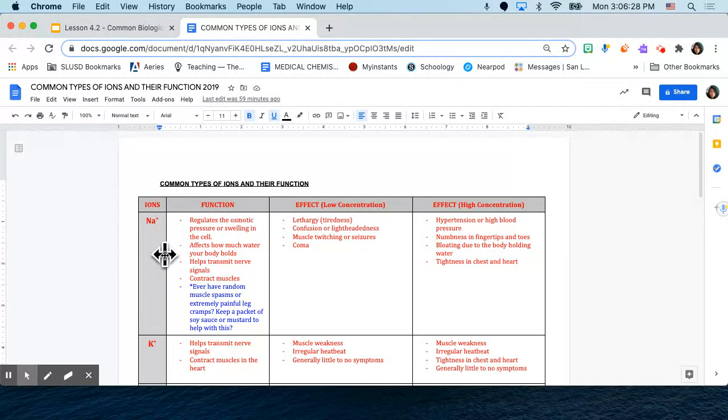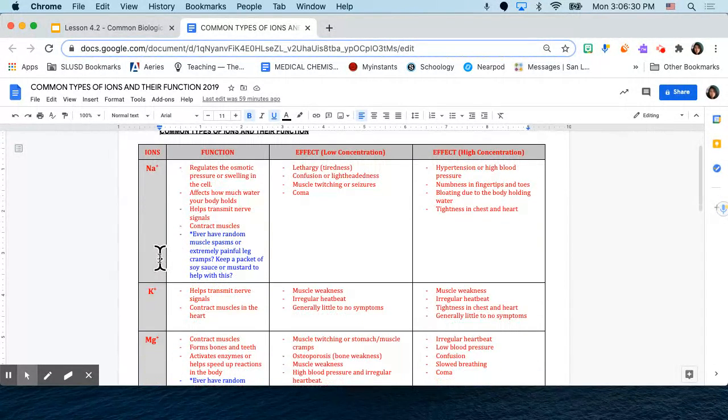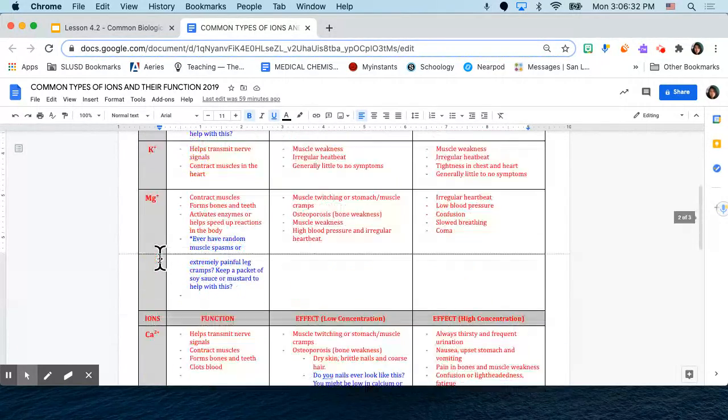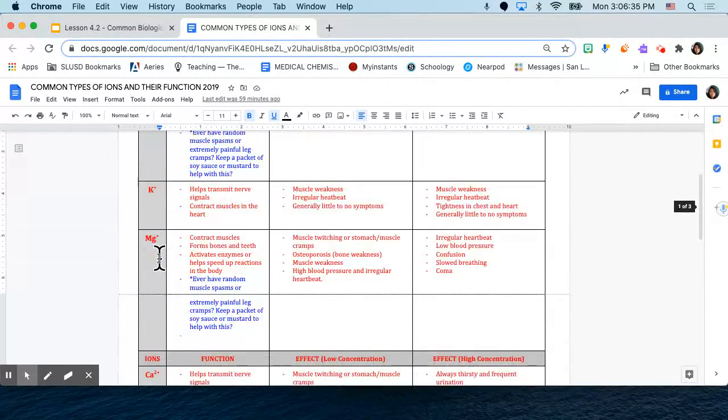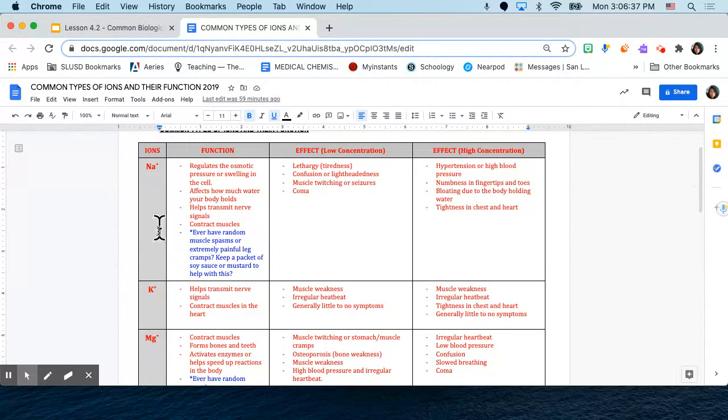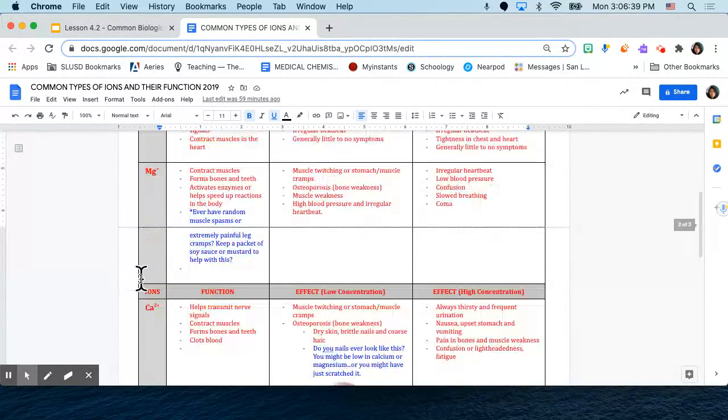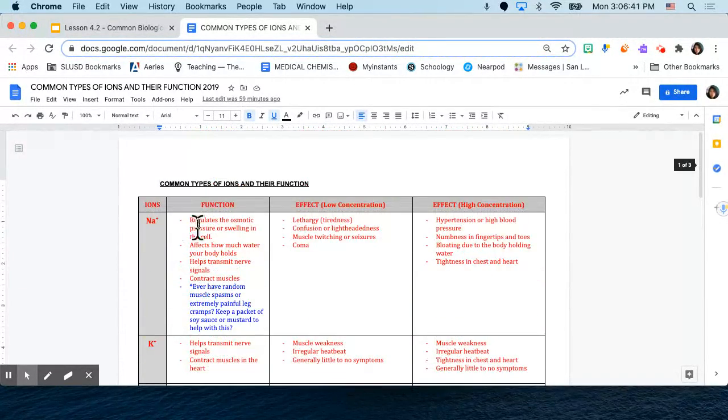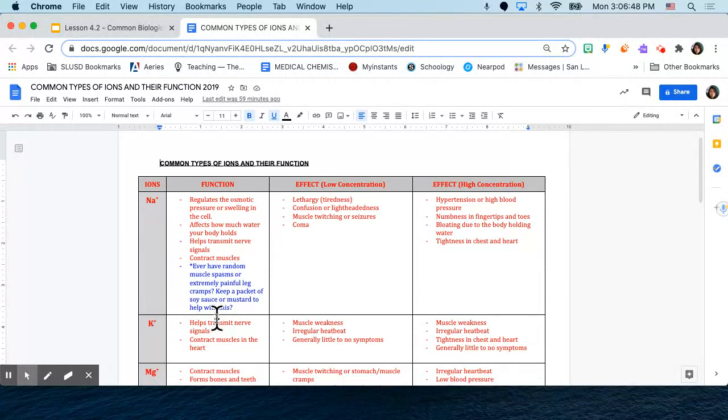So here in the first column are the 5 common ions that we're going to talk about in this class. We're going to start with sodium, potassium, magnesium, and so on and so forth. In the second column, reading down, this is what the ion does inside our body.